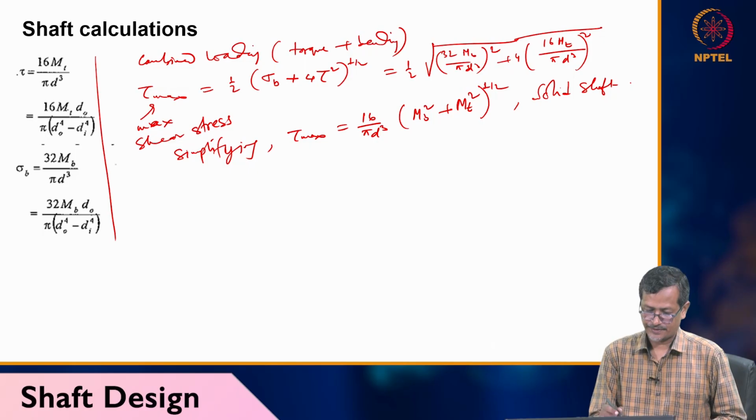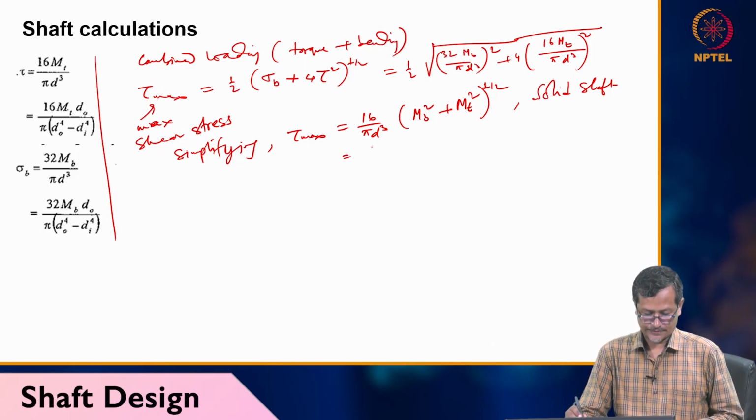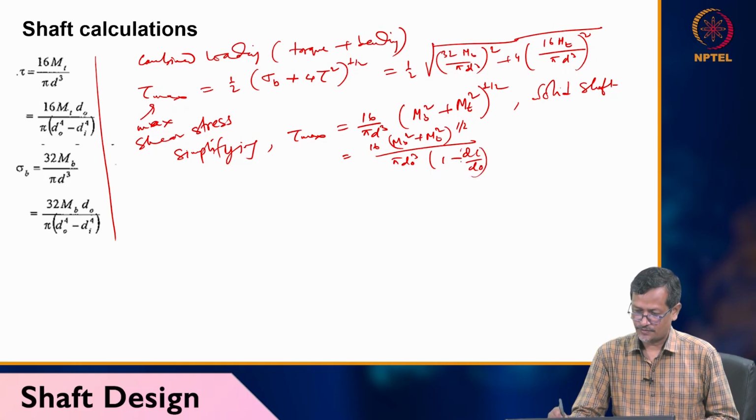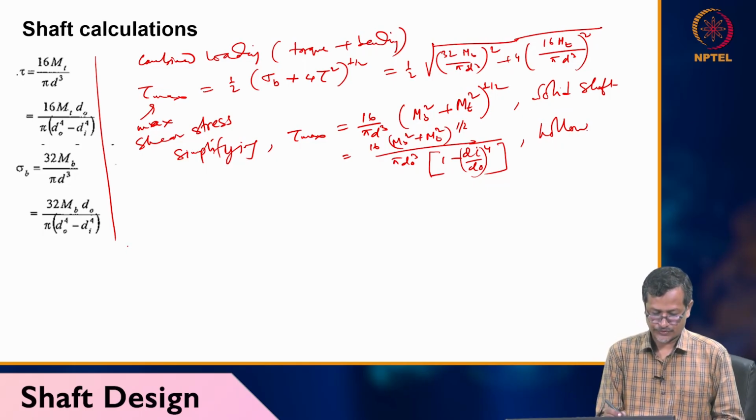Now for a hollow shaft, it will be 16 (Mb square plus Mt square) to the power half divided by pi do cube (1 minus (di by do) power 4), for a hollow shaft.